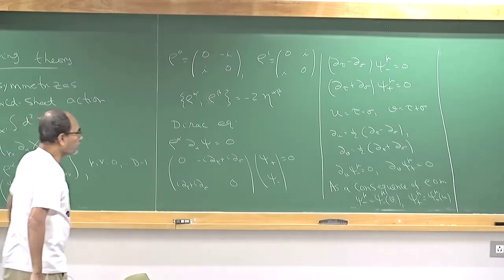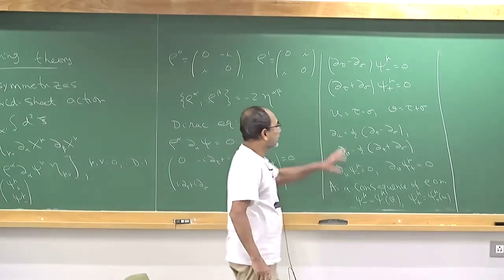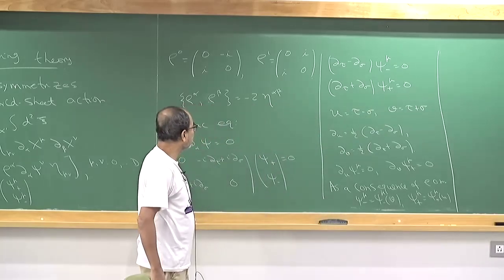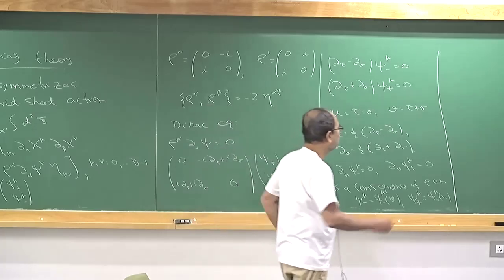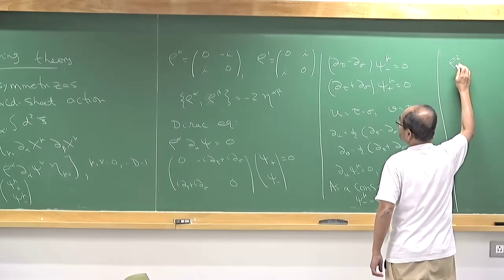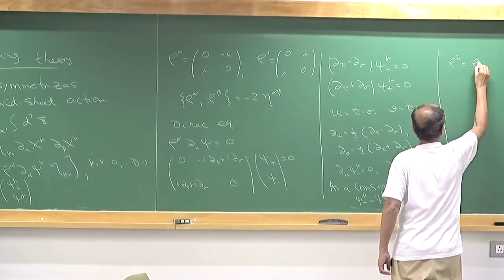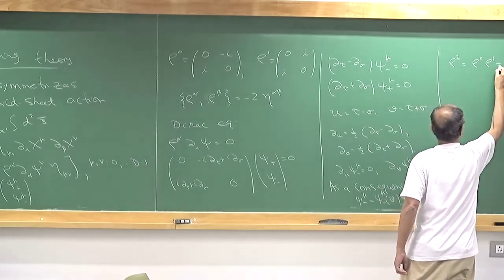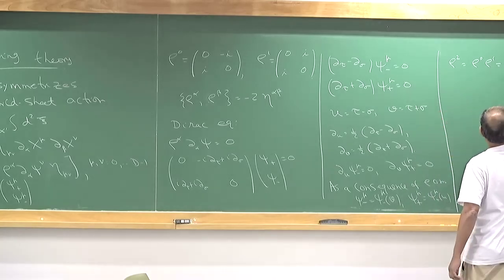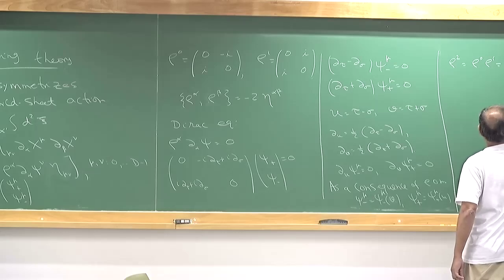Now, one can also interpret psi plus and minus as chiral fermions. And that is because the analog of the gamma matrix, which in this case we can call rho 2, is rho 0 rho 1, which is basically 1, 0, 0, minus 1.